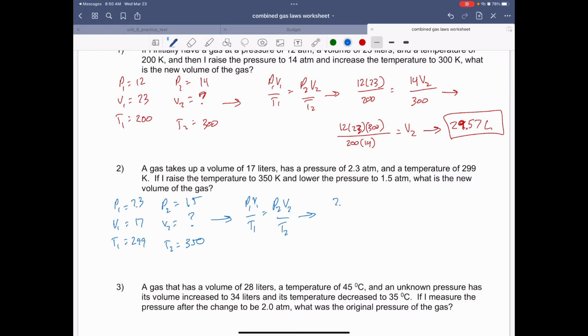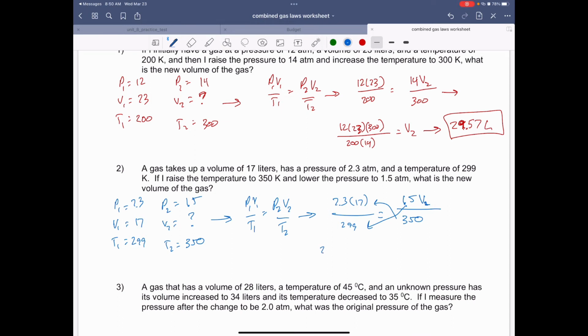P1 was 2.3 times 17 divided by 299. P2 is 1.5. We don't know what V2 is, so let's just leave that as a variable. The final temperature is 350. Okay, now it's algebra time. I'm going to multiply both sides by 350. That's going to bring that up there. This one, I'm going to divide both sides by 1.5. That's going to bring that down there.